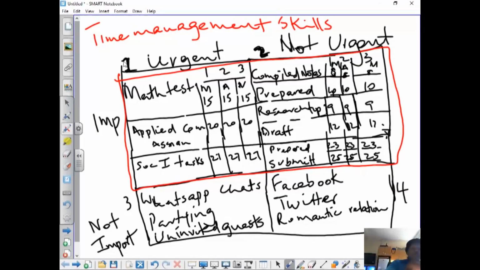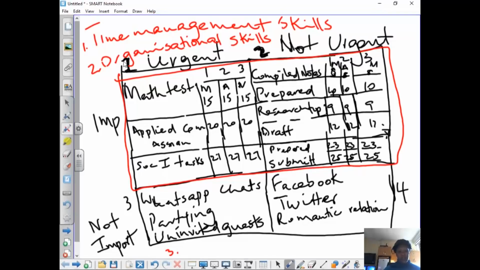It is also about organizational skills. And it is as well about critical thinking. You can critically think because you're looking across various things and ascertain that this is more important than the other. And why not about creativity?